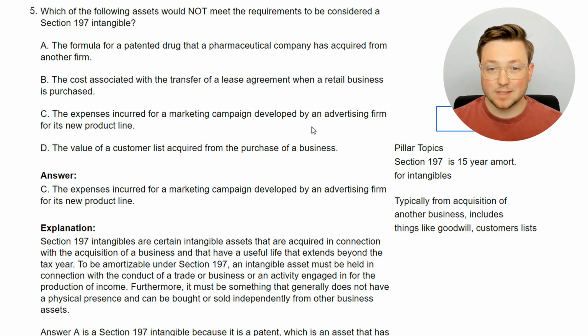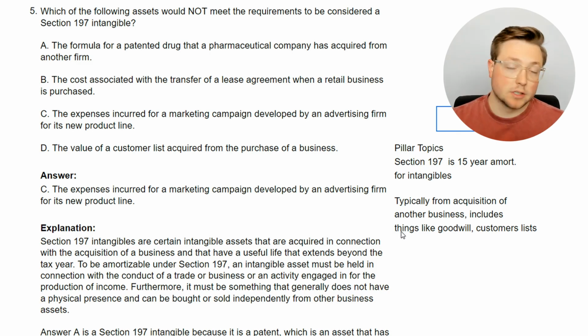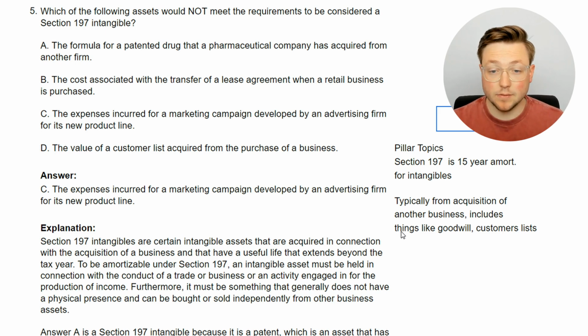That's the really big gist there, is that things like goodwill, customer lists, things like that are intangible assets that are acquired from another business, typically are counted as intangible assets under Section 197 and have a 15-year amortization period. And that's pretty much the gist of it.